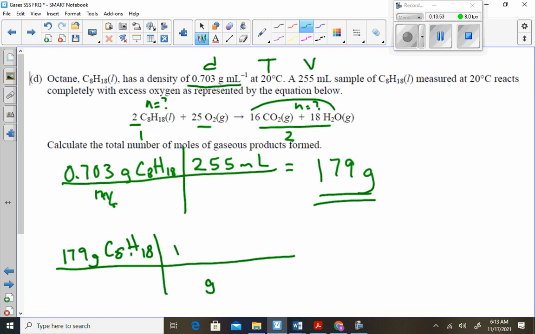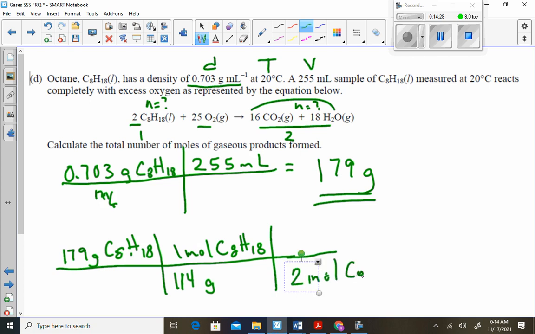So I know how many grams are in 1 mole of octane. And if I add up the molar mass of my 8 carbons and my 18 hydrogens, I get 114. The next step, if I know how many moles of my octane I started with, I can figure out how many moles of product are formed. And so for every 2 moles of C8H18, I get that number from my coefficient.